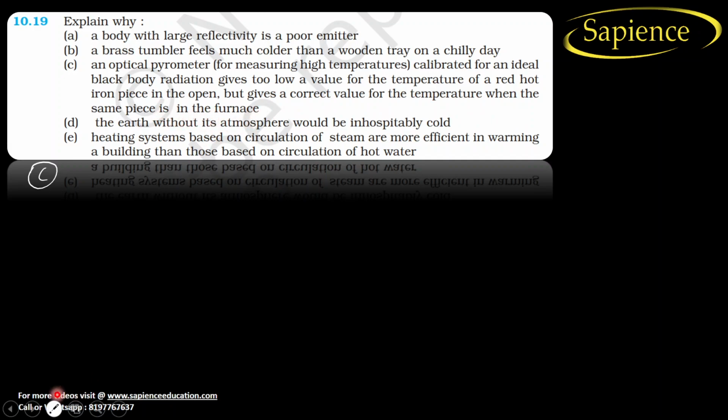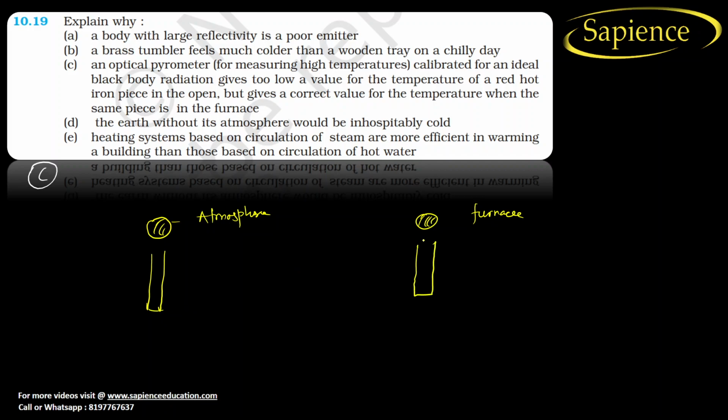So let us show the current condition. There is an iron body at atmosphere, and there is another iron body in a furnace, and there is an optical pyrometer like this.